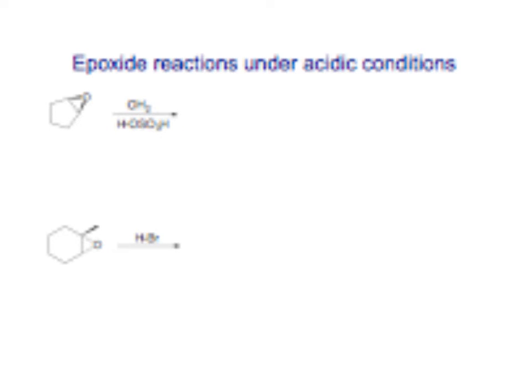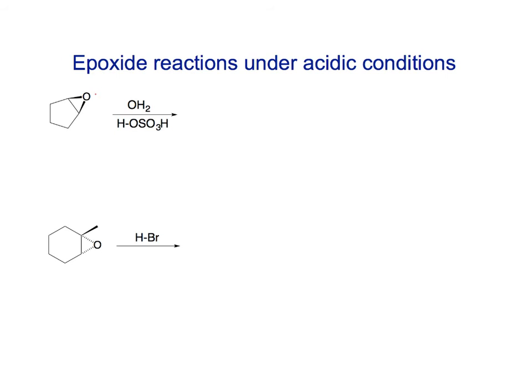Let's look at two examples of epoxide ring opening under acidic conditions. So just like we've seen before, the first step in an acid-catalyzed reaction is protonation.